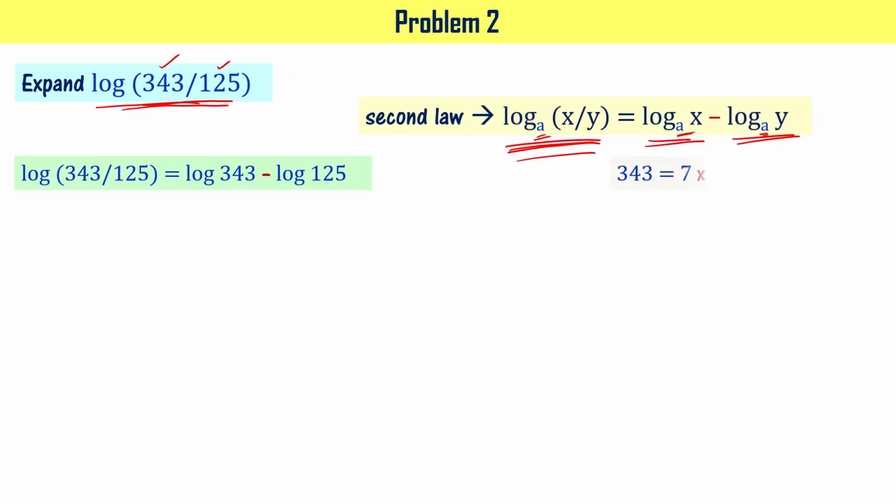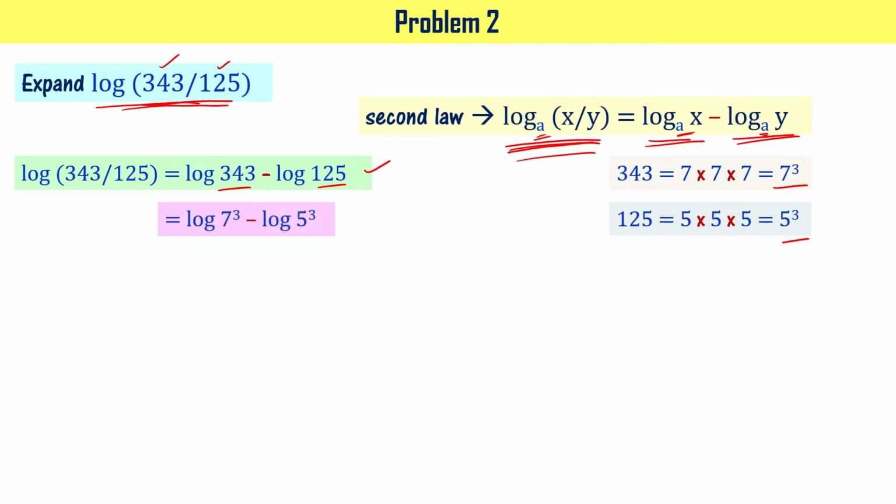343 can be written as 7 cube and 125 can be written as 5 cube. Let's substitute these two values, 7 cube and 5 cube, for 343 and 125 here. When you do that, it can be written as log 7 cube minus log 5 cube, right? Quickly recall the third law of logarithms, that is log x power m equal to m log x. You compare log 7 cube with log x power m. Then x is 7 and m is 3, right?